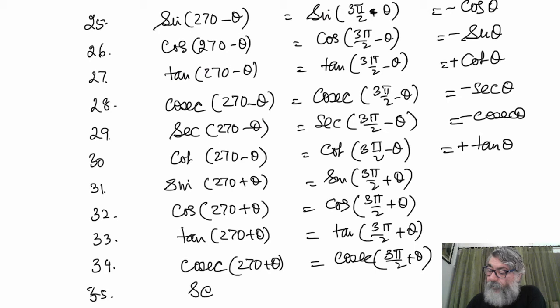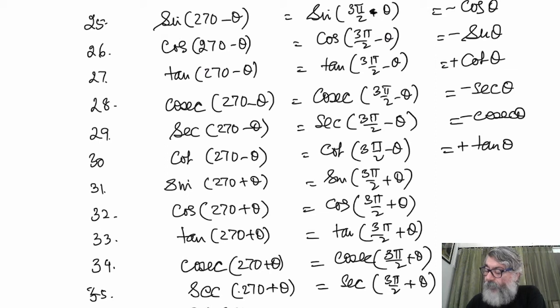Sec 270 plus theta, sec 3 pi by 2 plus theta, and cosec, sec and cot 270 plus theta, or cot 3 pi by 2 plus theta. When we are talking of 3 pi by 2 plus theta, 270 is falling along y dash.